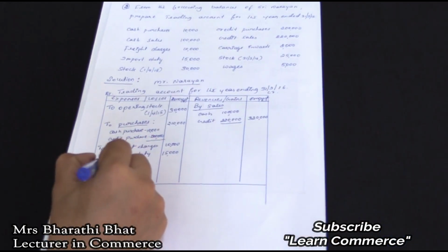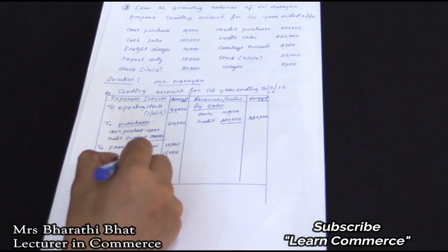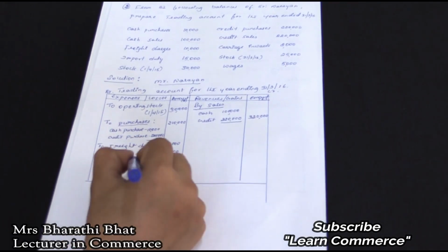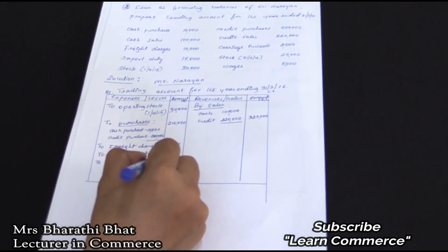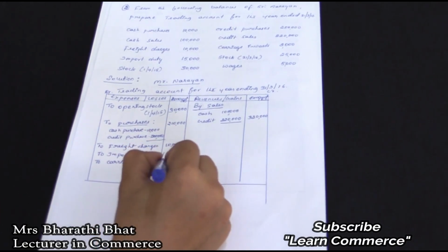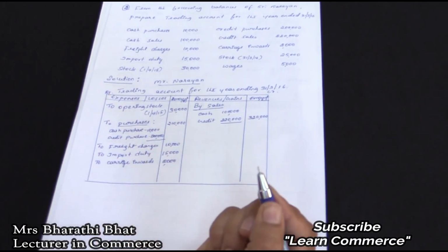Next, carriage inward, a direct expense, carriage inwards, amount 2,000 in the amount column.